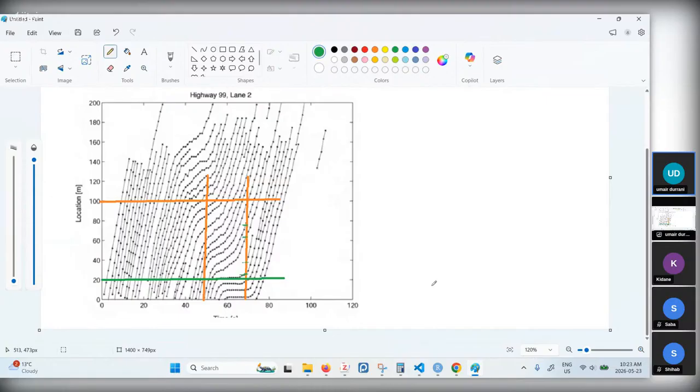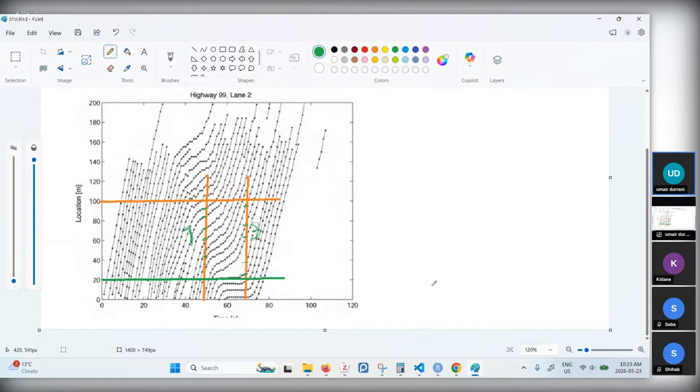So in this case, if we don't count this one, then it's three, otherwise it's four. On this side, we have one, two, three, four, five, six, seven. So seven here and three here, without counting the lane changing vehicle.